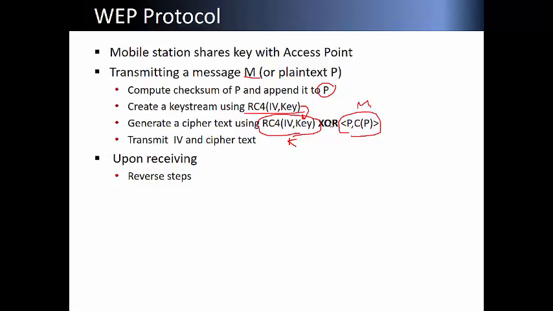From the next slide, what we want to do is that once you have a small key and an initialization vector, you apply them to the RC4 algorithm. So the RC4 algorithm generates the key stream.